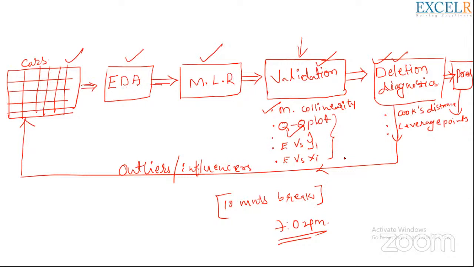Based on that, we removed the 70th and 76th data points. Then we remove these two data points, build the model again and check. This loop continues until you don't find any problems with the model. Then that is the final model you get. So this is the complete model building process.